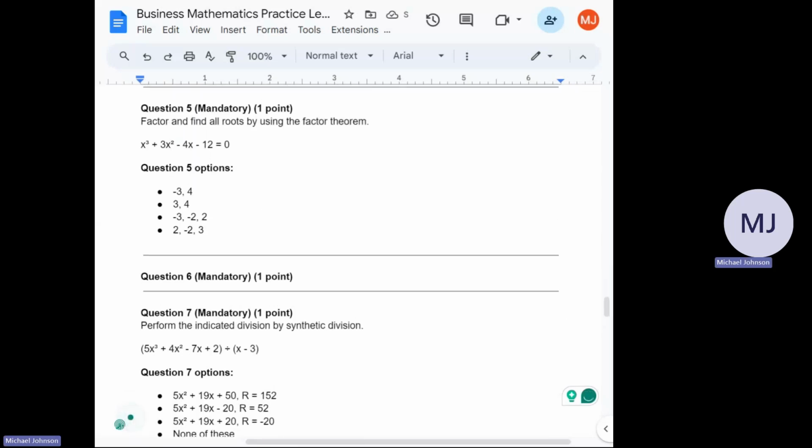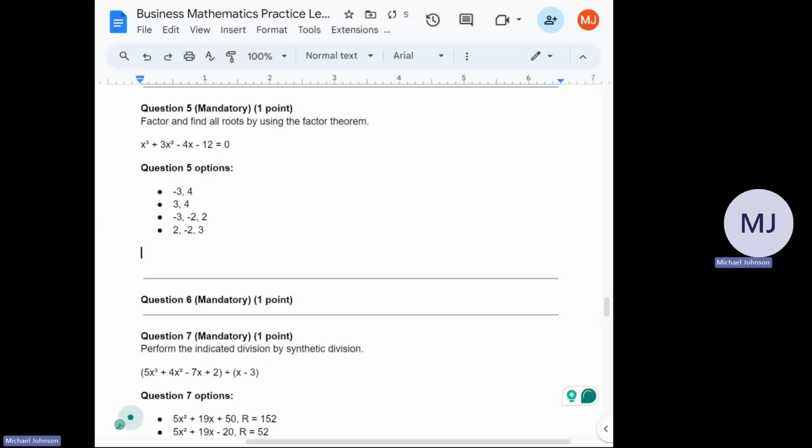And then for question 5, we got to factor and find all roots using the factor theorem. So we factor by grouping here. So we find that we could take out an x plus 3 here. So it's x squared, x plus 3, and then minus 4, x plus 3.